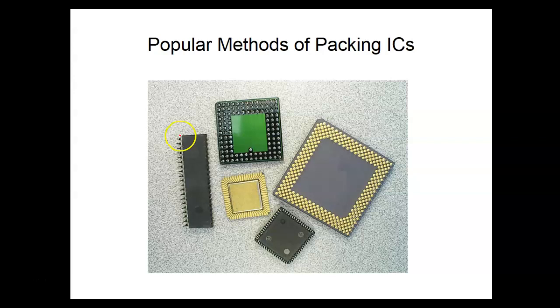It's got 2 rows of pins, and they're in line with each other. So that's how it got the name DIP. Oh, these are called PGAs, pin grid arrays, but they have different names. I don't know what they call them now.